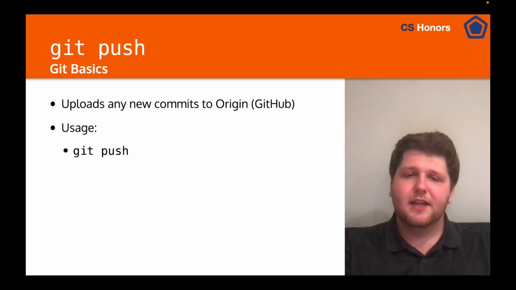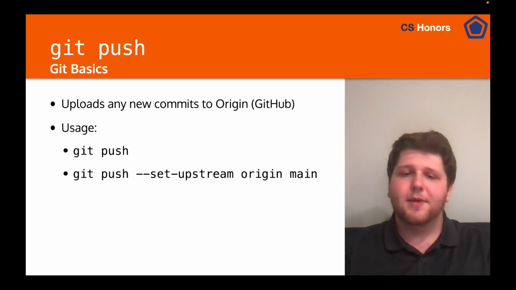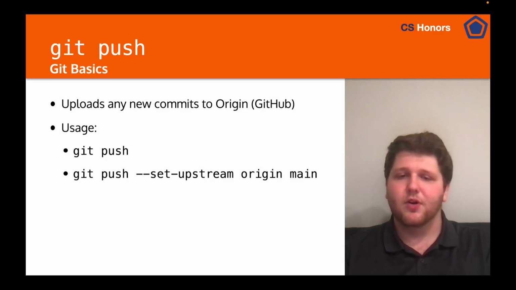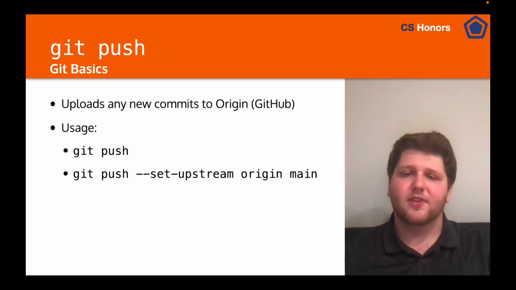If you ran git init and you have a new repository, you might need to do something like this. It'll tell you when you try to run git push if it doesn't work, and it'll give you the command that you can just copy paste. So this is usually what it'll look like, but essentially this is pushing your commit to your origin for the first time. And we'll go more into exactly what this is doing in the next video.